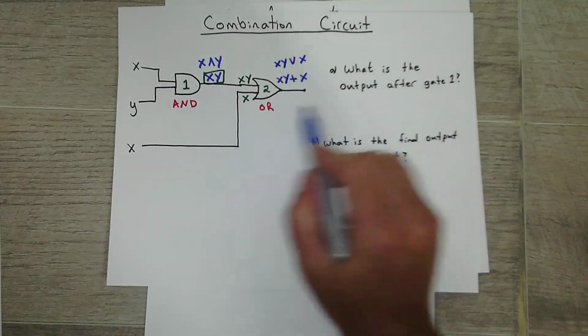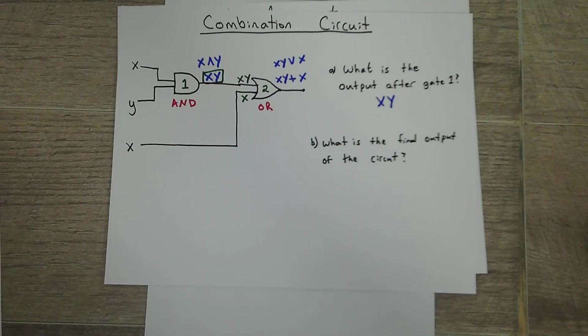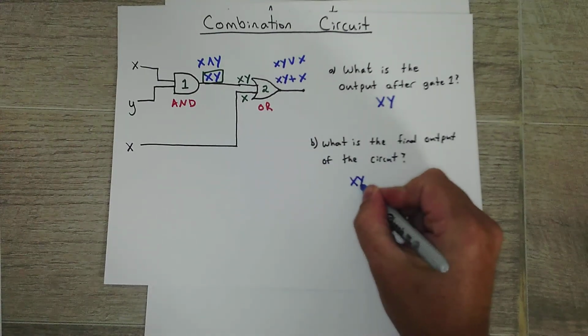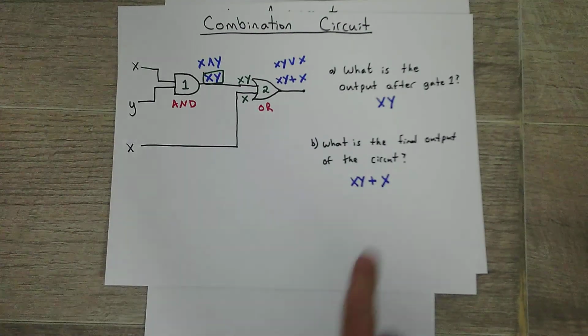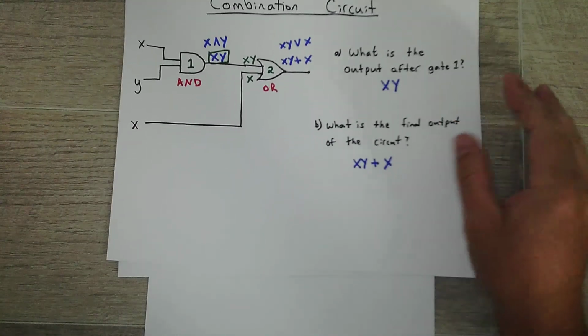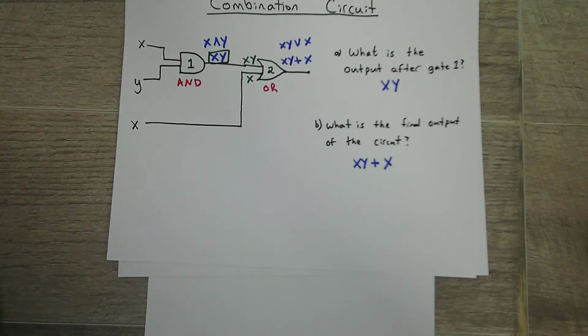So what is the output after gate 1? It's just XY. And what is the final output of the circuit? XY or X. So think about this logically. A lot of times it's easy to think of these as an alarm system. Yesterday I gave the example of a reactor.